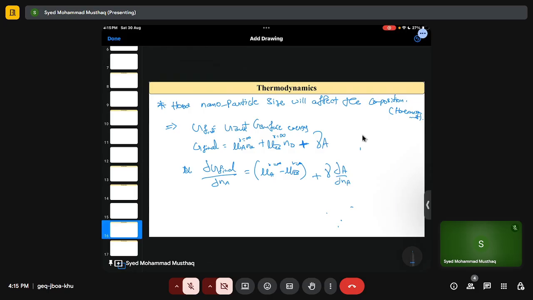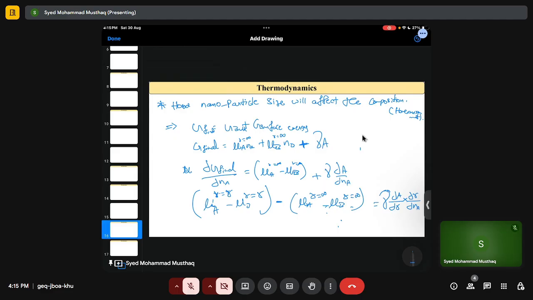Now again dG final by dNA will be chemical potential of A at R equals R minus chemical potential of B at R equals R. If I put this term here, it will be mu A at R equals infinite plus gamma. I can write dA by dNA as dA upon dR times dR by dNA.